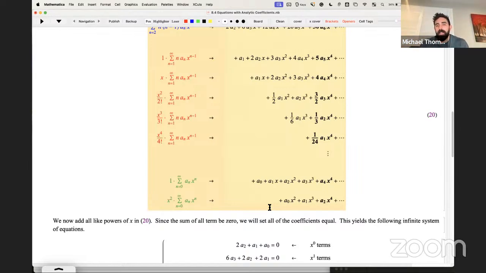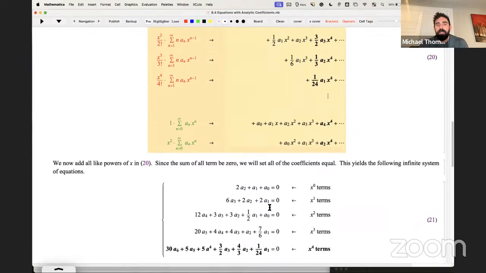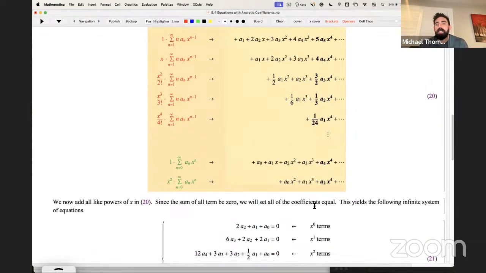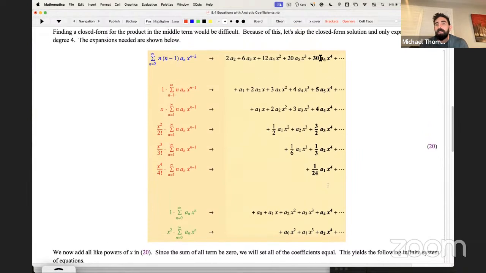So we can do this all at once if you can follow along here. What I'll do is find the coefficients of each one of the powers and just set them equal to 0. Let's start off with the largest one, that would be the x to the 4th powers. So I have all the x to the 4th here. What I want to do is add all those terms together.